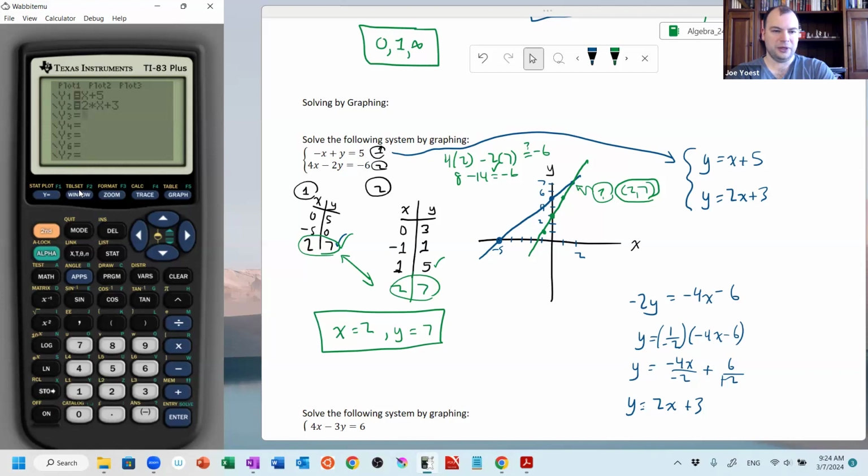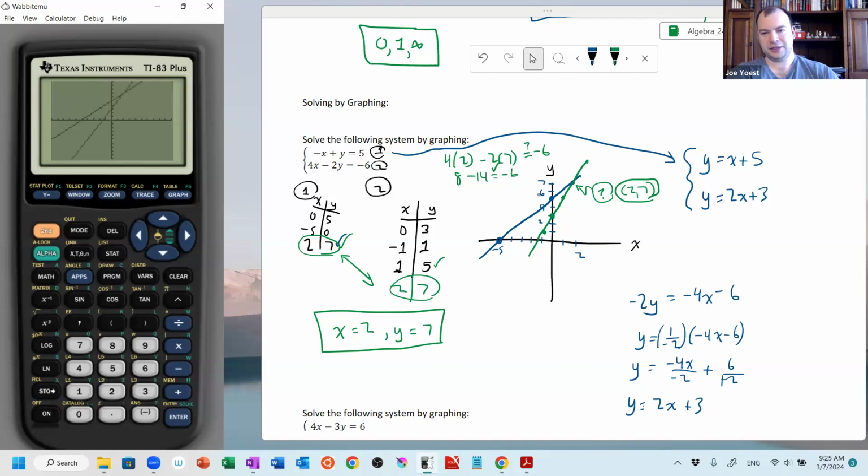And I'll start with a window from -10 to 10 on both axes. That's kind of a good standard default window to start with. So I have -10 to 10 for x min to x max, and also for y min to y max.